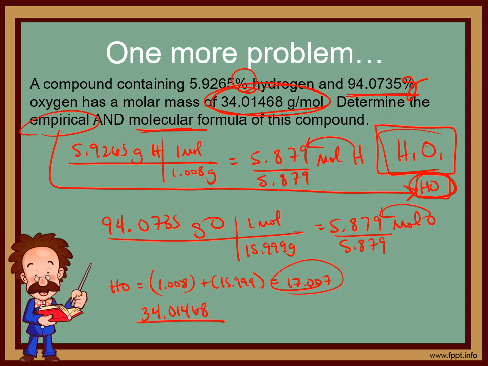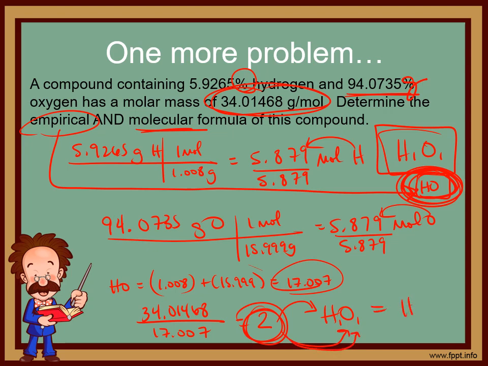I'm going to take this, I'm going to divide the molecular mass by the empirical mass, 34.01468 divided by 17.007. Calculator says 34.01468 divided by 17.007. Oh my gosh, that's equal to 2. My scale factor is 2. So I'm going to take that empirical formula, H1O1, I'm going to multiply those subscripts, remember there's invisible ones here, by 2.